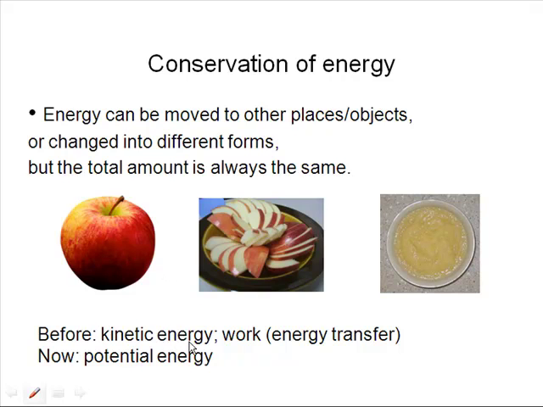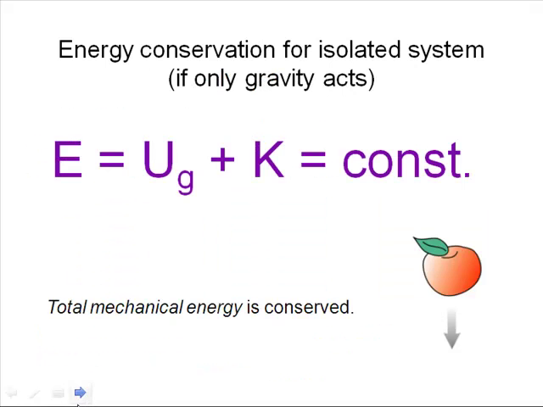Before, we just talked about kinetic energy and work, which was an energy transfer, and now we add potential energy into the mix. So if we have a situation where all of the forces are internal forces that happen to be conservative, so that we can write their works in terms of potential energies, then we'll be able to say that the total mechanical energy, which is just the potential energy and the kinetic energy, is a constant.